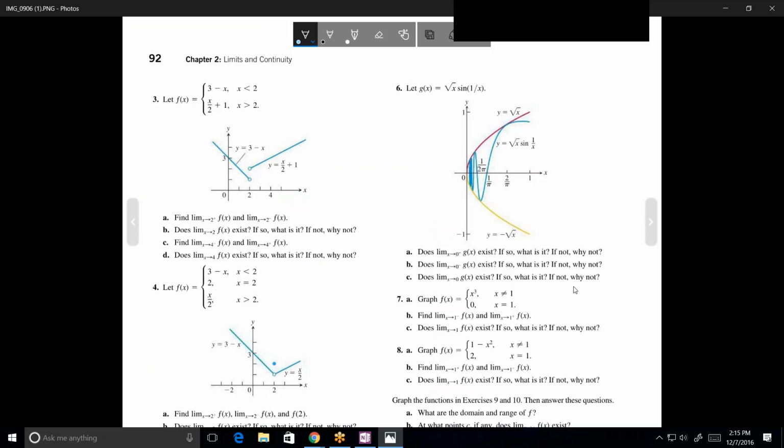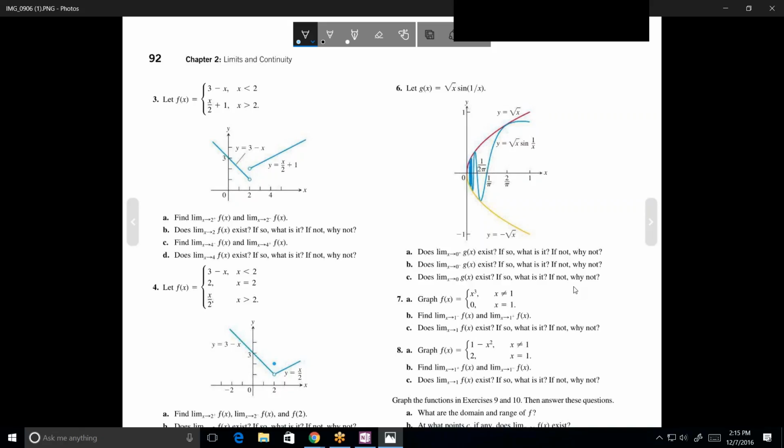Okay, so now they're getting into questions where they don't give you a graph. And so you have to kind of do it from the algebraic representation of the function. Okay. So if we try to do 8 without drawing it, that'd be difficult.